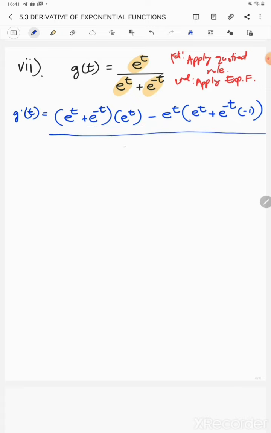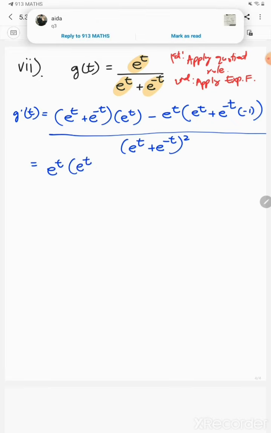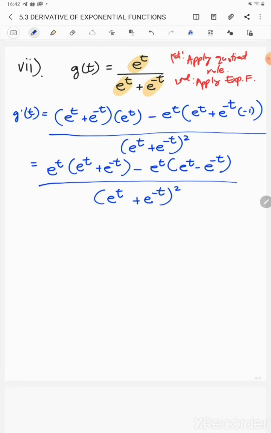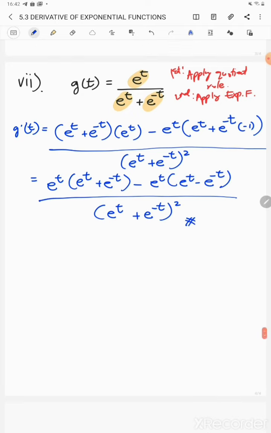Divide by g square, so e power of t plus e power of negative t, squared. Now we try to simplify: e power of t plus e power of negative t, minus this one, we get e power of t; inside the bracket we get e power of t minus e power of negative t, divided by e power of t plus e power of negative t, squared. That's all. This is the solution.